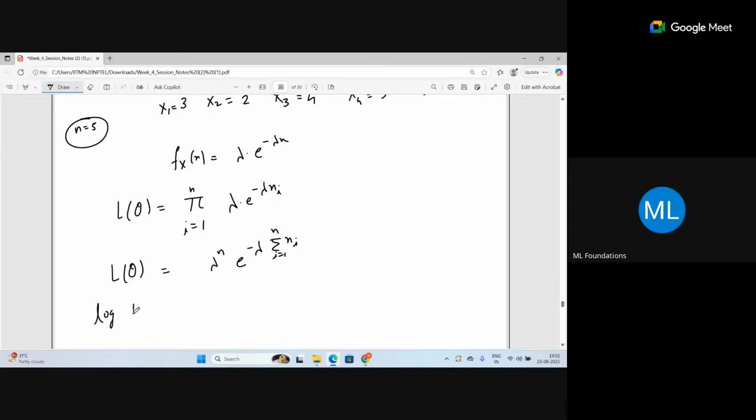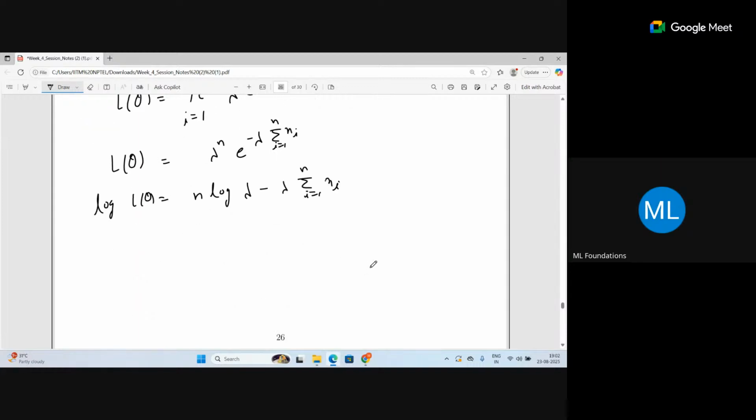Then the log likelihood will be what? I'll take a log of it. It becomes n log of lambda minus lambda summation of i equal to 1 to n xi. Either I can differentiate it here directly, or I can take the negative log likelihood.